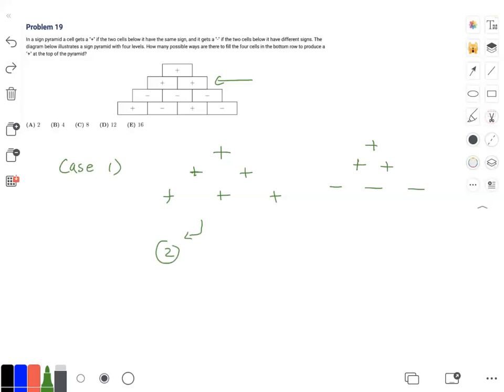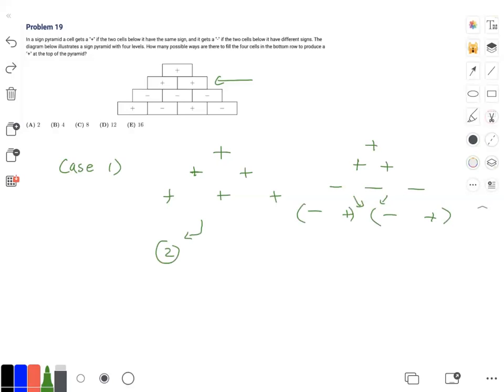For this one, we need to fill this up so that for each minus, we have 2 different. So let's think about how we can do this. We want to use minus plus minus plus, and we want to see how we can arrange this. You may be hesitant, or you may quickly say, okay, we can use minus plus here, 2 ways to arrange the minus plus, 2 ways to arrange that minus plus, so there are 4 total ways.